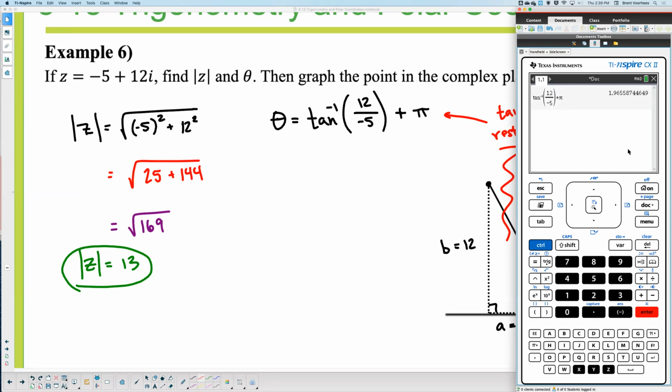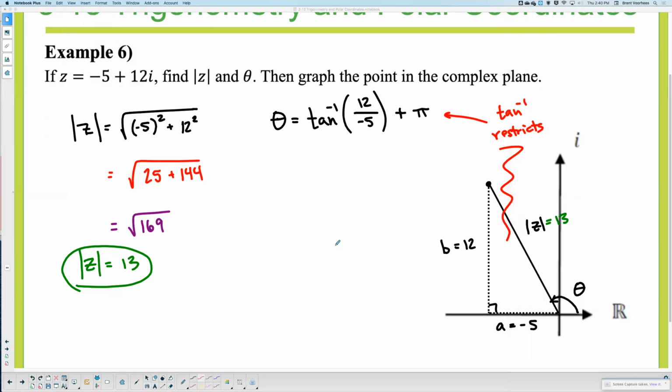I've been learning that on the AP you're always rounding to the nearest thousandth. How many decimals is that? 3. You're always rounding to 3 decimals. So would I say 1.965 or 1.966? 1.966 is going to be our answer here. So theta equals 1.966 radians.